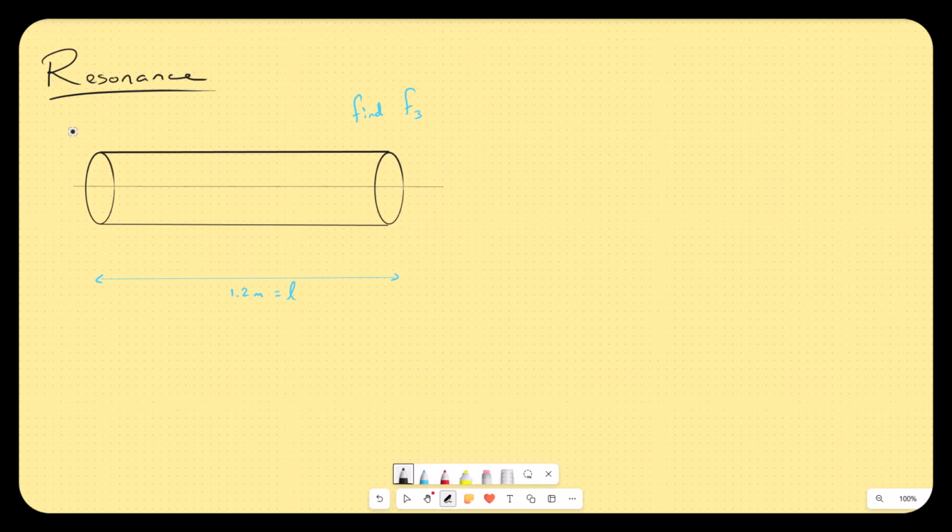So I have an open end here, and an open end here, and an open end means I know I'm looking at an antinode on both ends. Open on both ends means I have symmetric boundary conditions. So I could just jump straight to the math on this thing. Maybe I'll do that first.